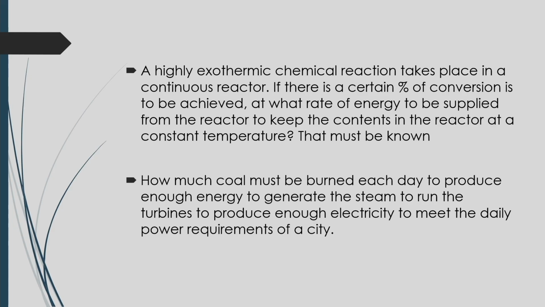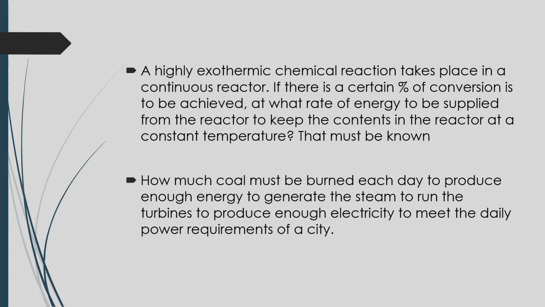Suppose a highly exothermic chemical reaction takes place in a continuous reactor. Now, if a certain percentage of conversion is to be achieved by that reaction, you have to know what rate of energy is to be removed from the reactor, so that you can keep that reactor at a constant temperature, because whatever energy is released by that reaction, you have to remove.